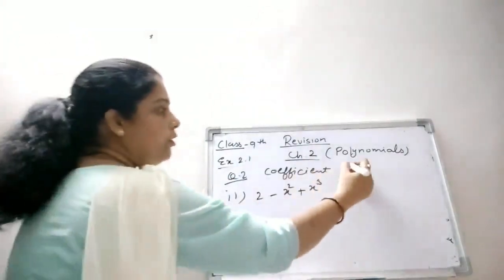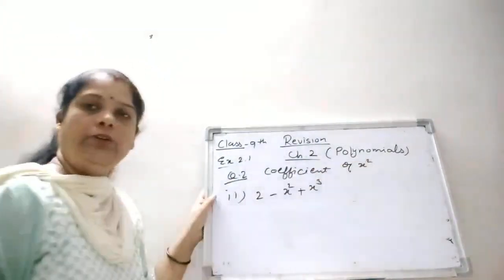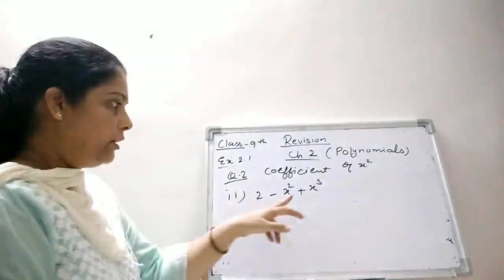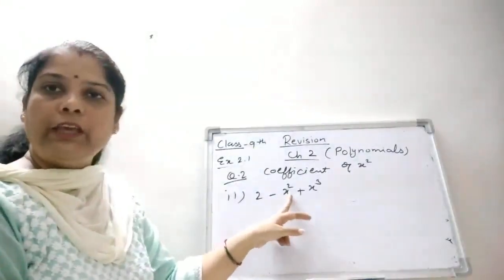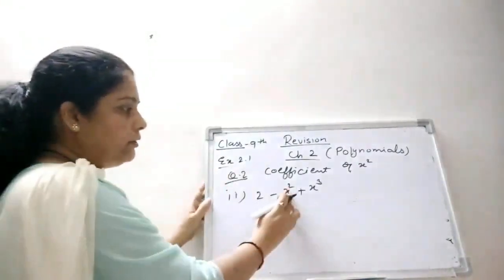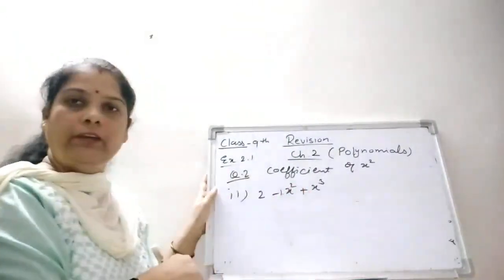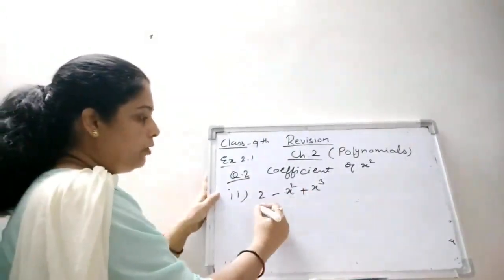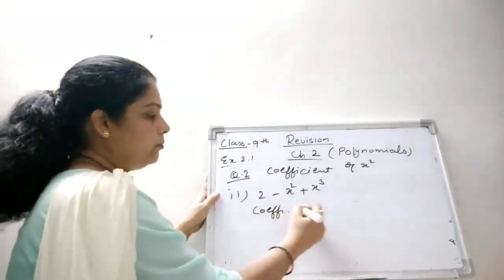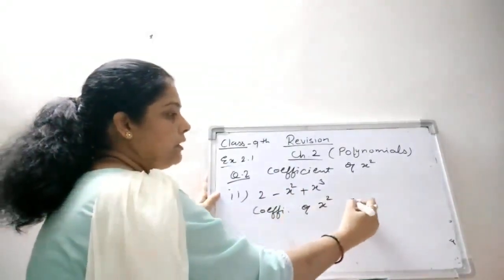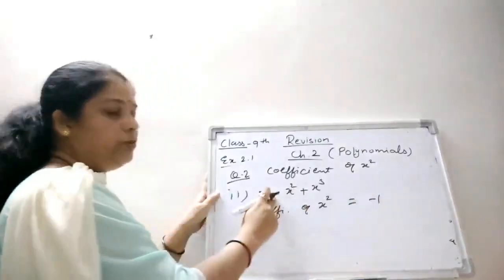Now you have to find out the coefficient of x square. Now here coefficient of x square means x square is multiplied with what? X square is multiplied with 1. If nothing is written here, you can write here 1. So the coefficient of x square is -1. Sign also should be there.